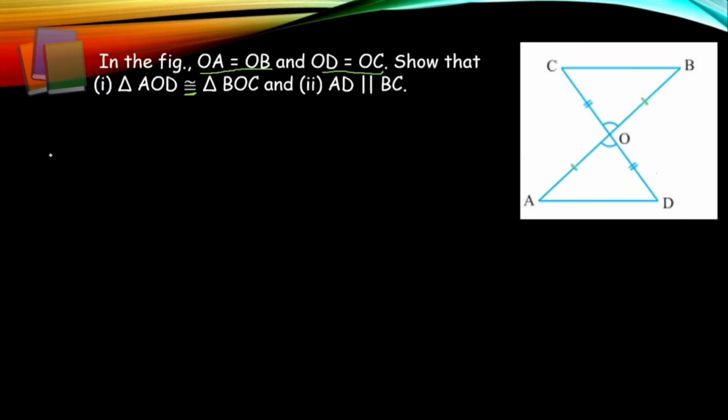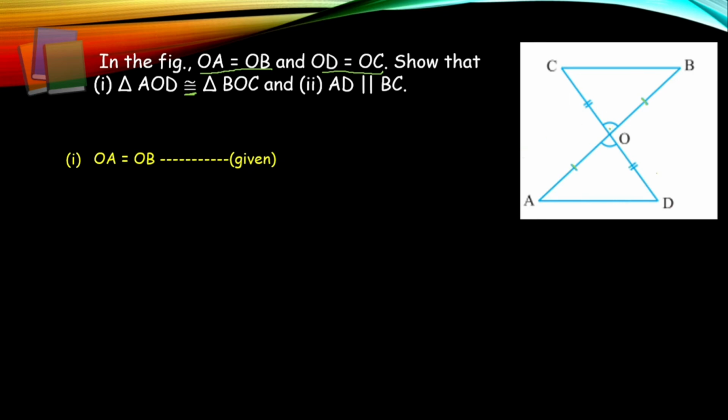Now I have a question for you all. It says in the figure OA is equal to OB and OD is equal to OC. Show that triangle AOD is congruent to triangle BOC and AD is parallel to BC. So let's do the first part. It's already given that OA is equal to OB, right? So we have to write in the bracket that it is given.